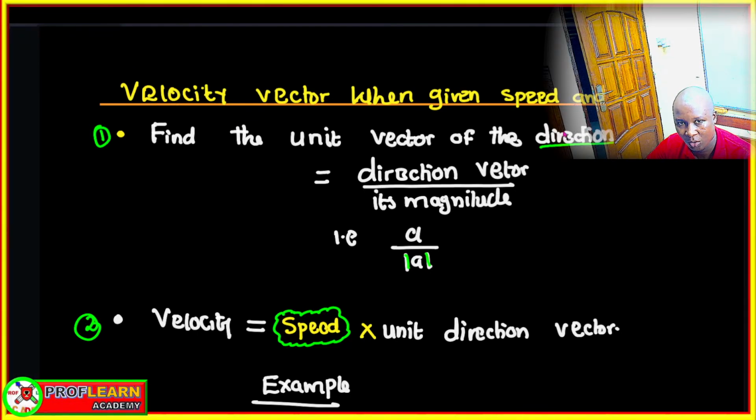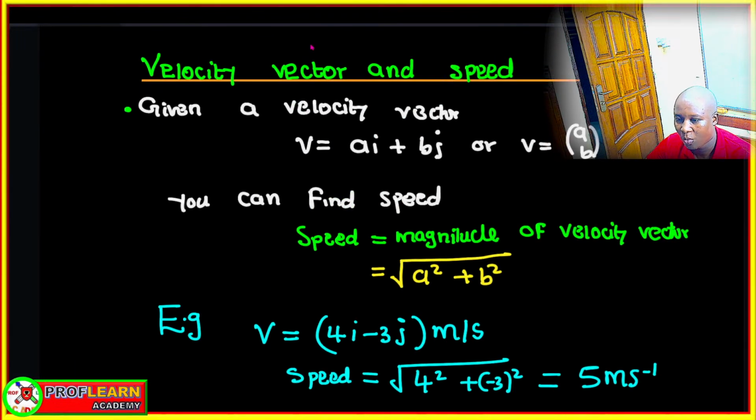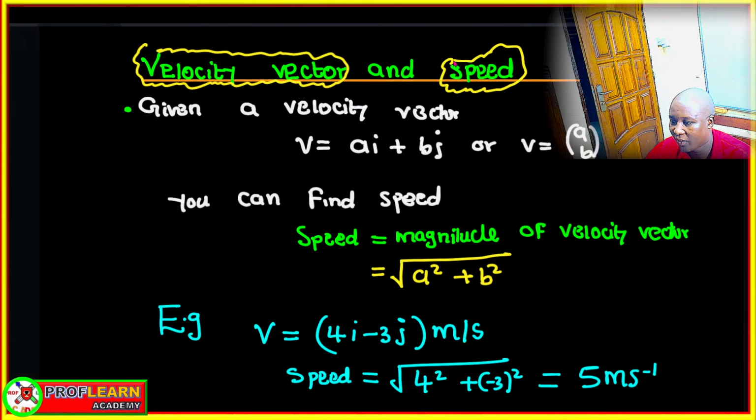From the previous section, we have looked at how to find speed when you are given the velocity vector. We said that when you are given a velocity vector, to find speed you need to find the magnitude of that particular velocity vector.